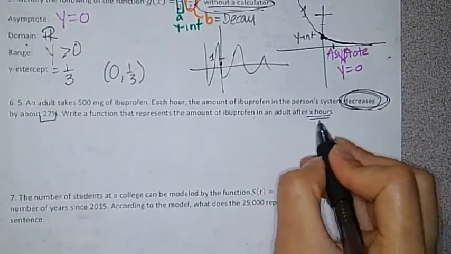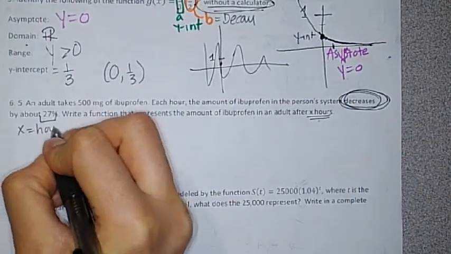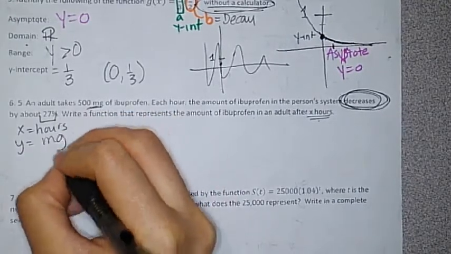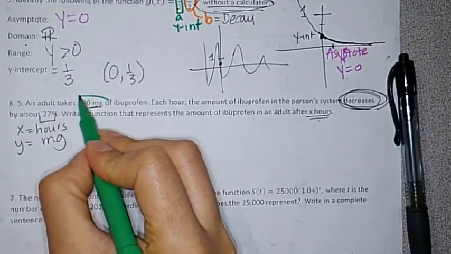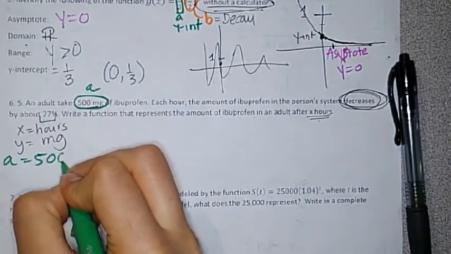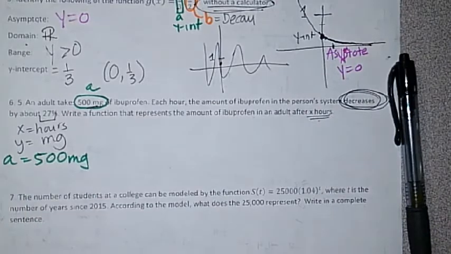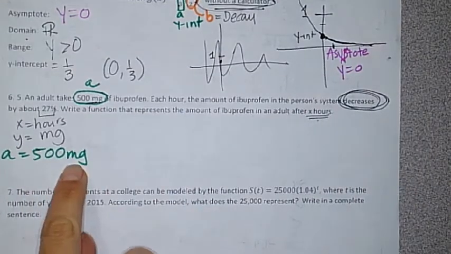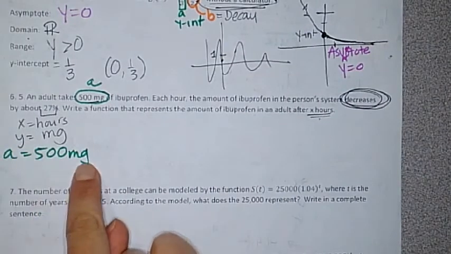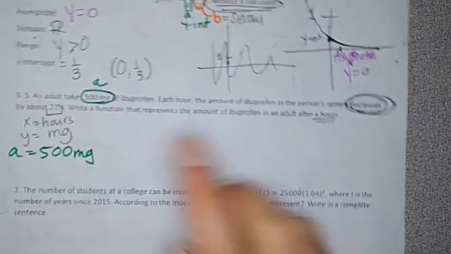Now we know that x is hours and y is the ibuprofen, the milligrams. So this is my A. A is 500, that's the amount they started with. Whatever unit your A is, that's what's going to be your y. Notice that the A is milligrams, so your y is milligrams.